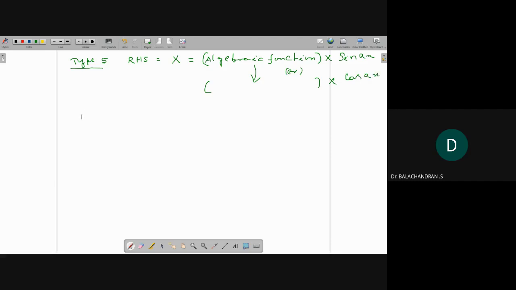So how to find the PI for type 5 problems? PI equals 1 by f of D into capital X. For example, I will take the algebraic function x power n into sin ax.